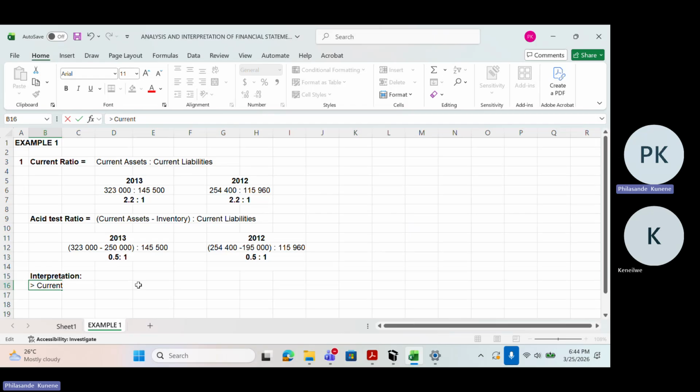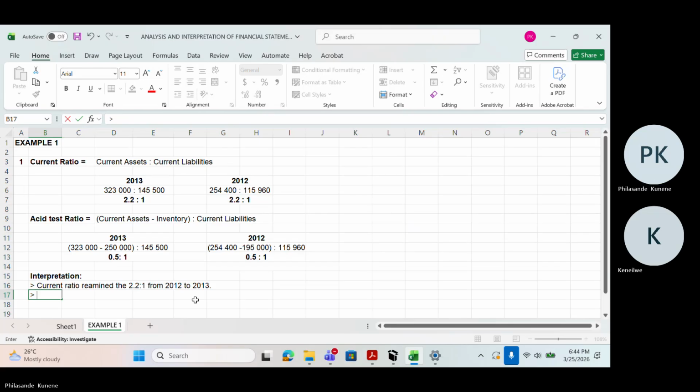But in this situation, the current ratio remained 2.2:1 from 2012 to 2013. That's all you have to say.